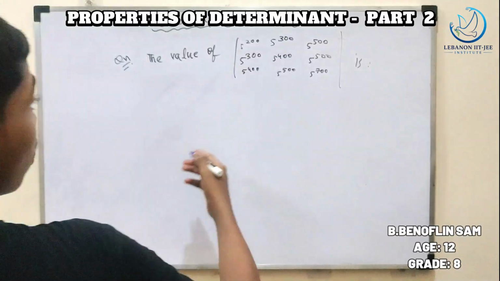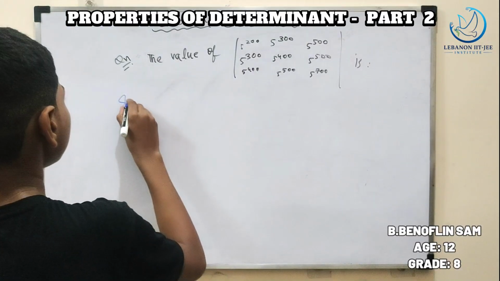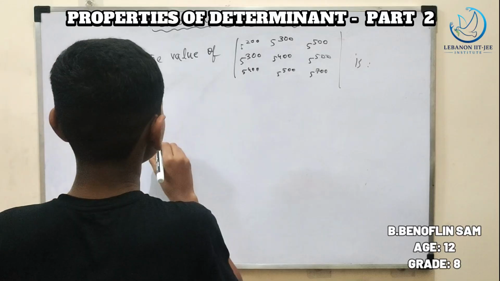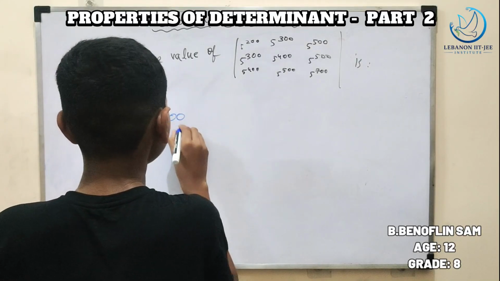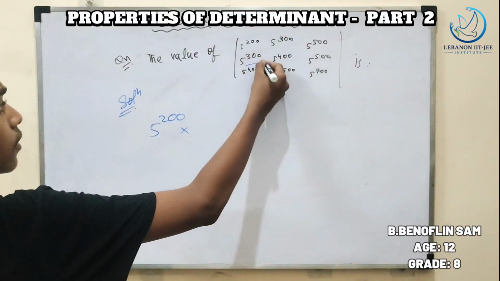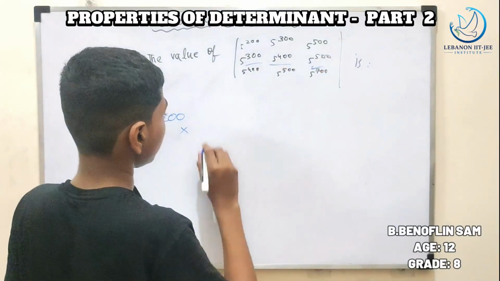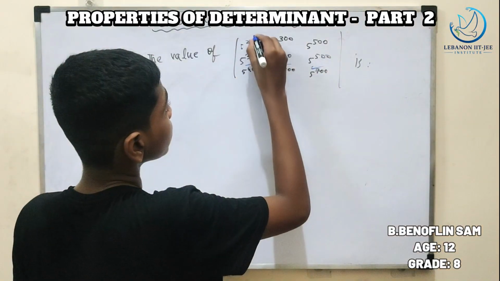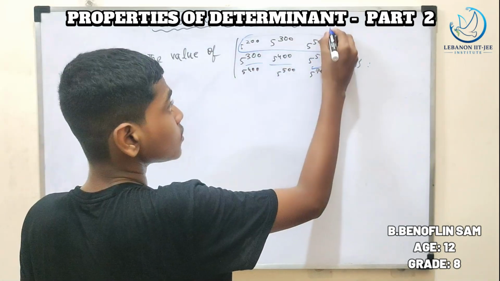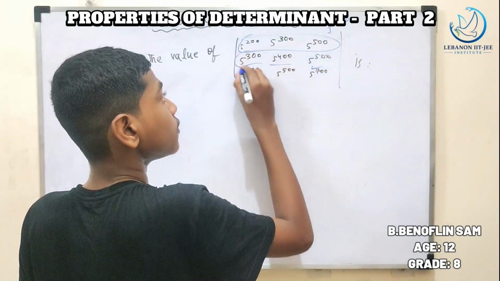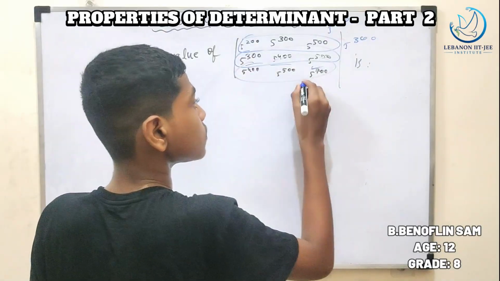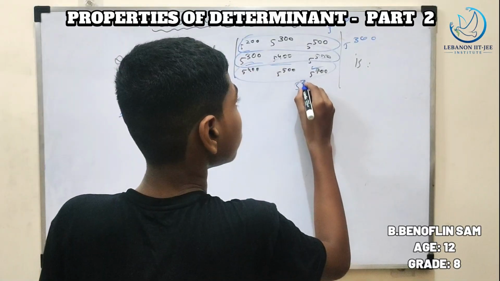See, we can take common like this, right? Solution, I will write solution. We can take 5 to the power 200 common. If we take the smallest power in each column, for this the smallest is 5 to the power 200, for this the smallest is 5 to the power 300, for this the smallest is 5 to the power 400.